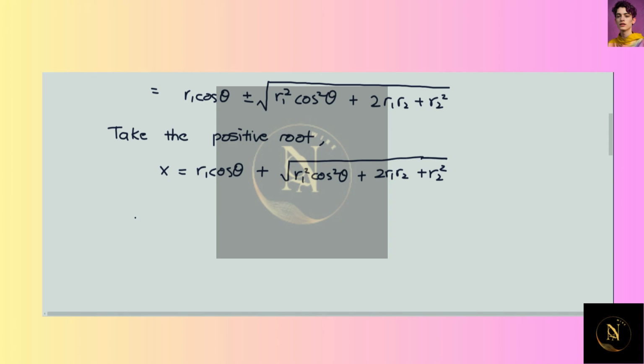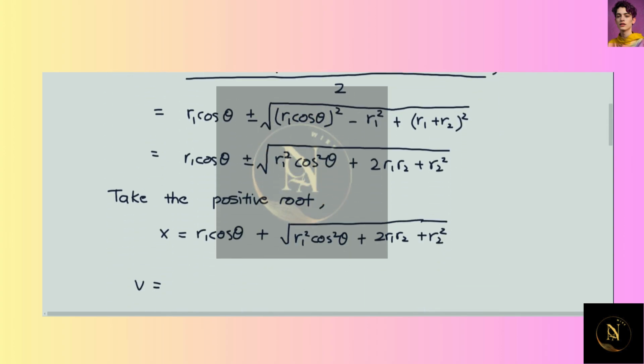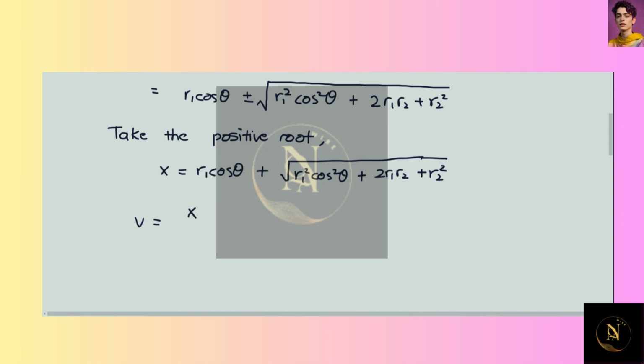Then we have v equals, looking back up here, x r1 omega cosine theta divided by r1 cosine theta minus x.